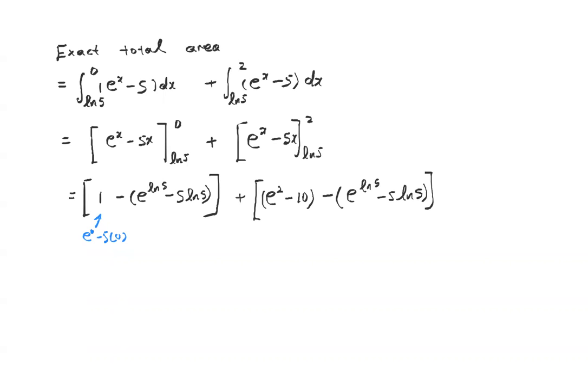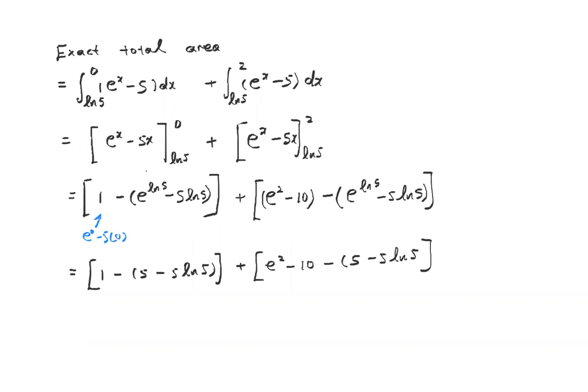Okay, now 5 ln phi, if you know it is straight away 5, you can just write 5. So this will be 1 minus 5 minus 5 ln phi. For me, I will not do all these steps, plus e squared minus 10 minus 5 minus 5 ln phi.